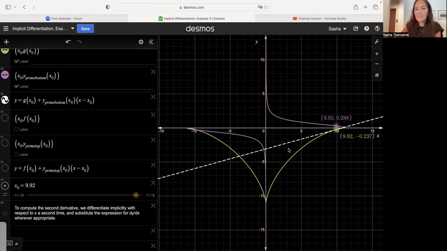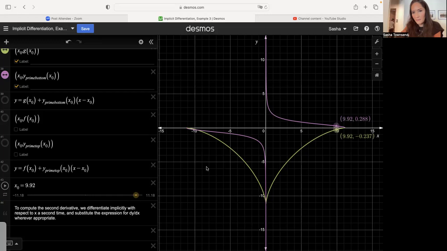Since the slopes are decreasing, we say that the graph is concave down. Now, if we get rid of this and look at this original green curve, we say that it's concave down. It kind of looks like a cup facing down. That's going to be true at any time that this slope is decreasing.